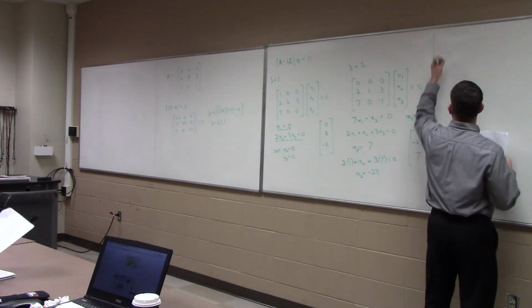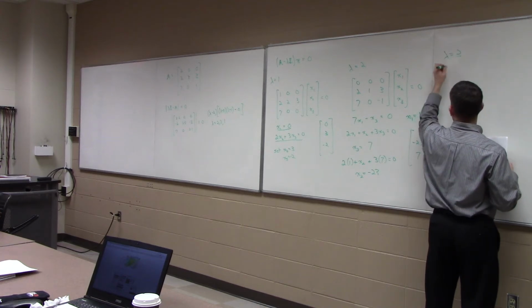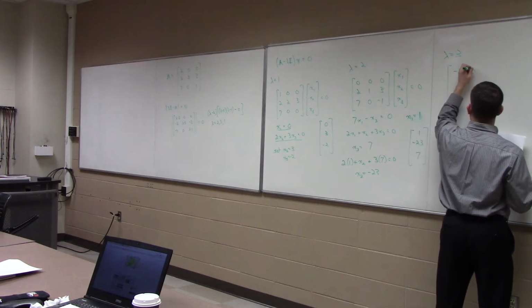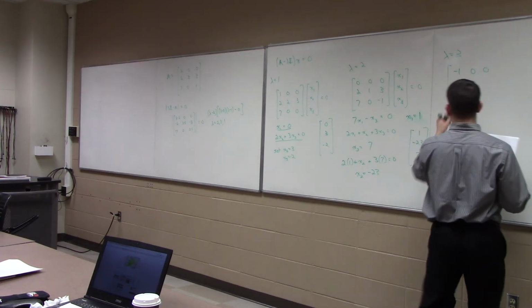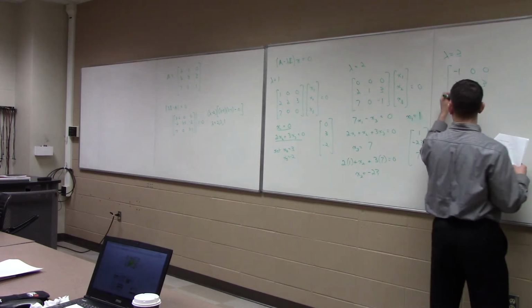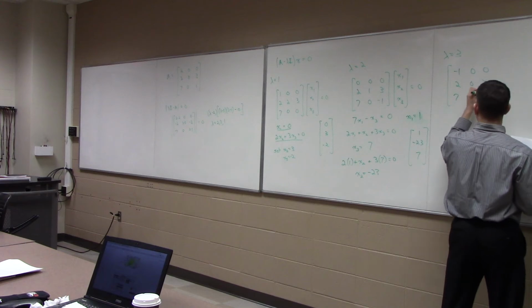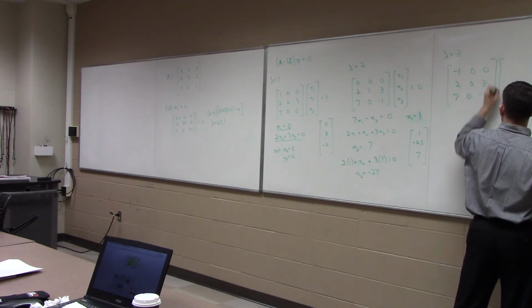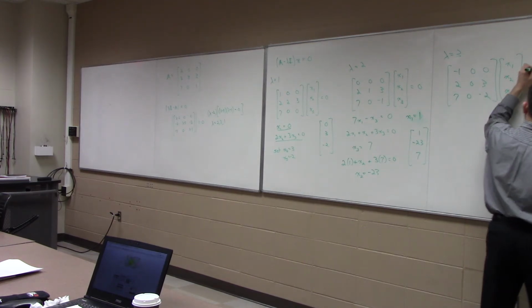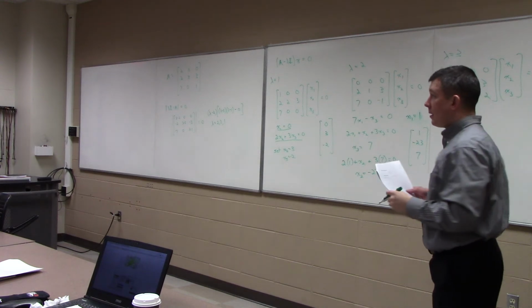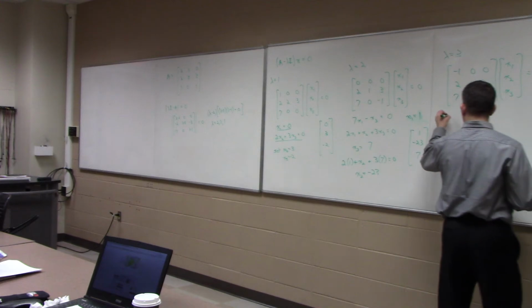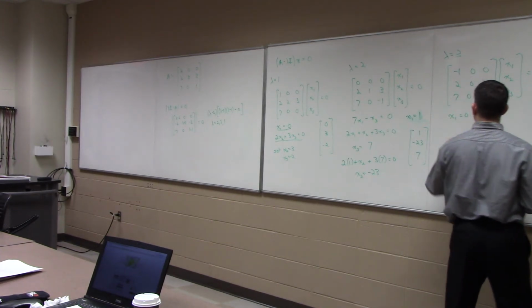Number 3. I've got A minus lambda I. So first equation tells me that x1 is equal to 0.